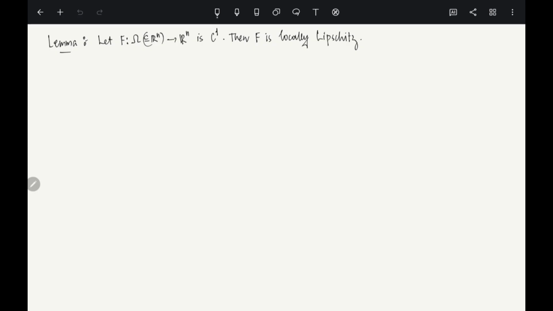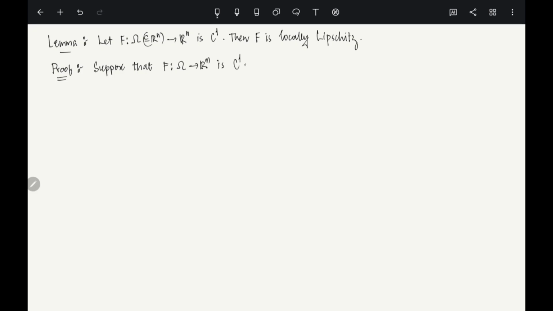Okay. So what is the proof? The proof is this. So see, suppose that capital F, okay, from omega to Rn is C1.